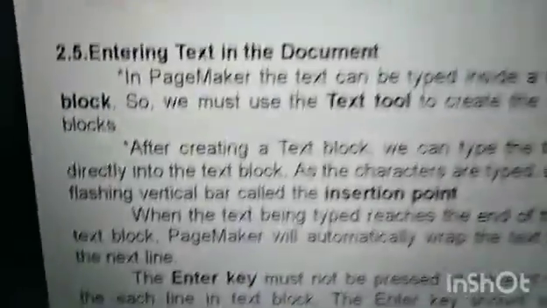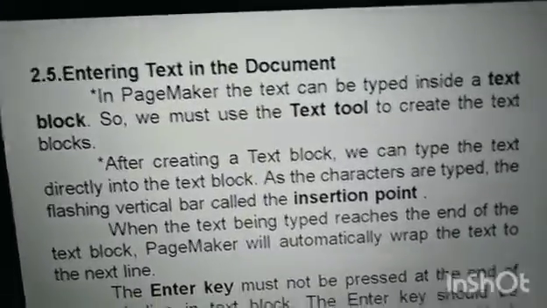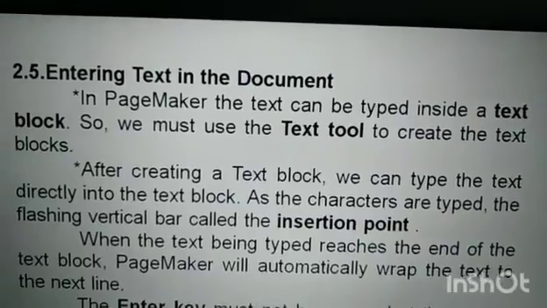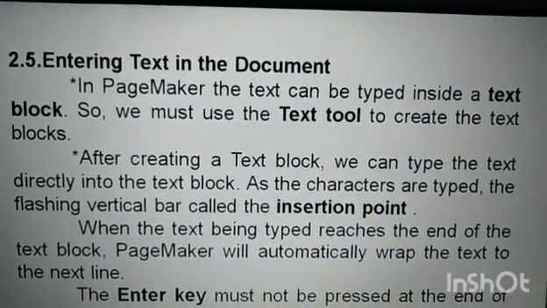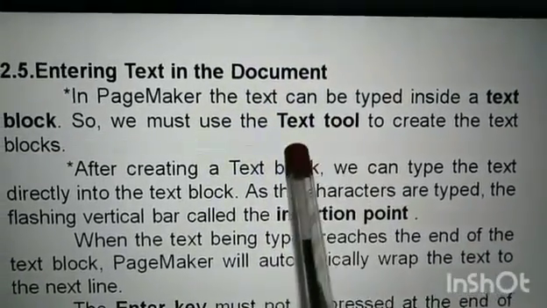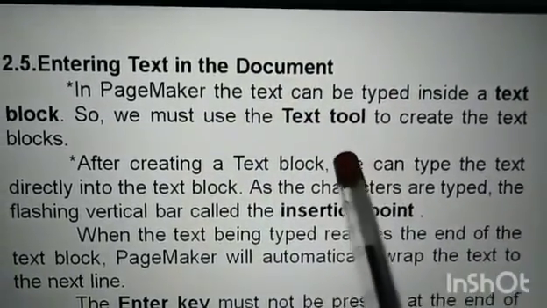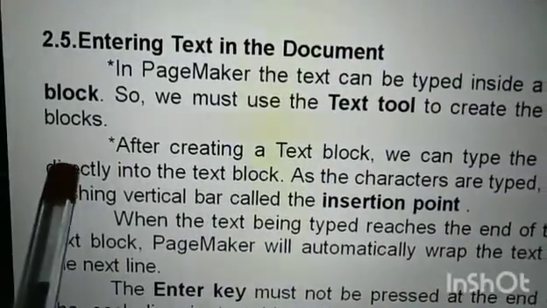And next concept, entering the text in the document. In PageMaker, the text can be typed inside a text block. So we must use the text tool. It's very important. If you want to type any text, you have to use the text tool to create the text block.